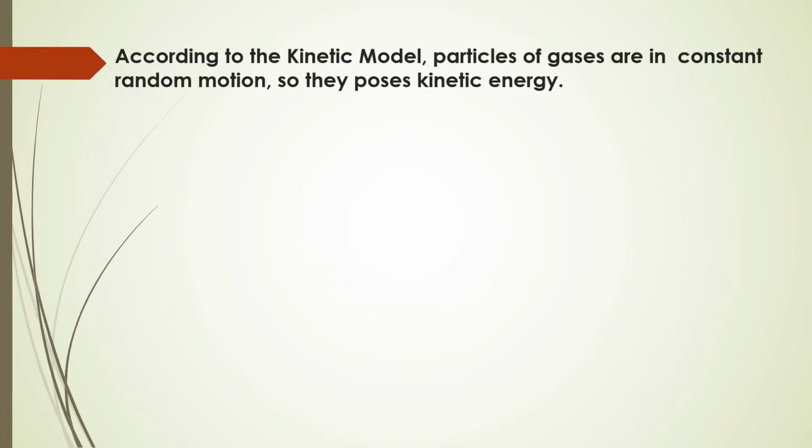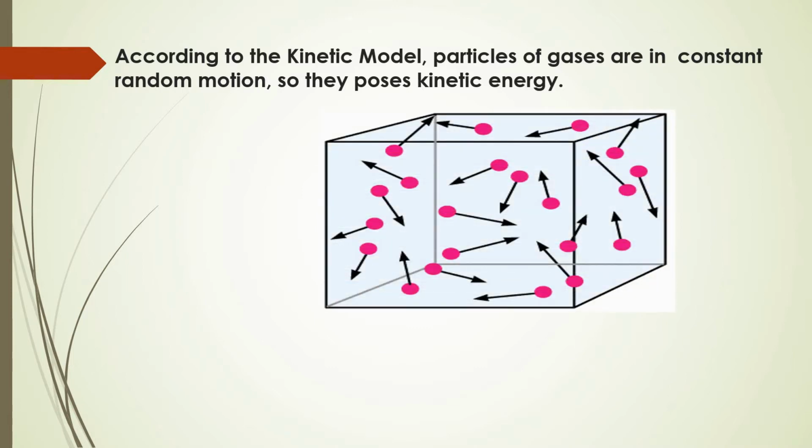According to the kinetic model, particles of gases are always in constant random motion and therefore they possess kinetic energy. Let us try to understand this with the help of this simple diagram, where the pink circles indicate the particles of gases.